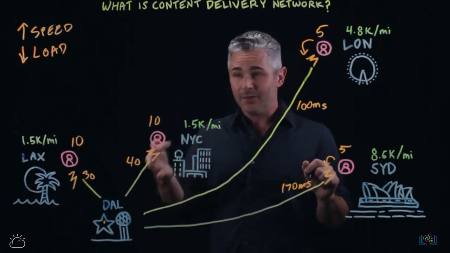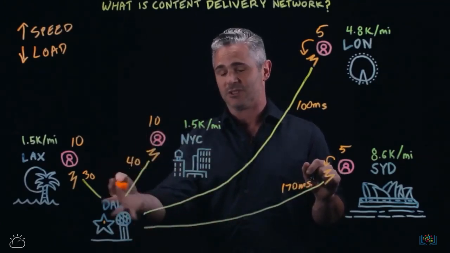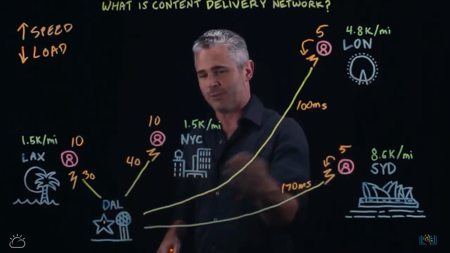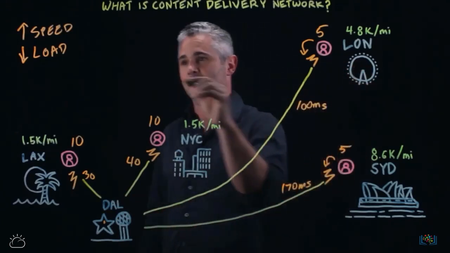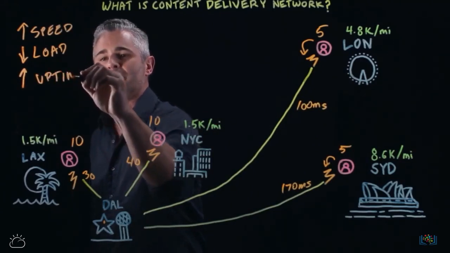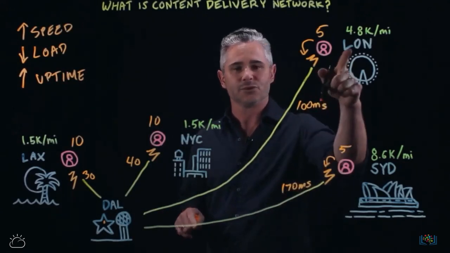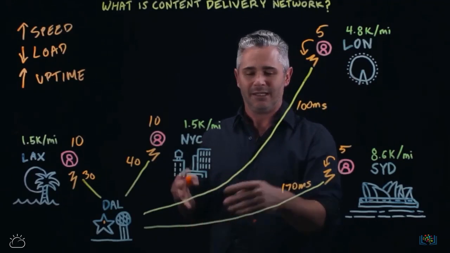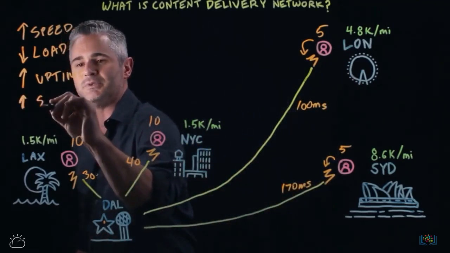Another indirect benefit, because there's so much less happening in Dallas, since all these users aren't having to make these trips, and I'm also not having to communicate with users so far away, is that the Dallas environment may also see an increase in uptime. And lastly, because the users are not directly communicating with the servers down in Dallas, you have the indirect benefit of an increase in security through obscurity.